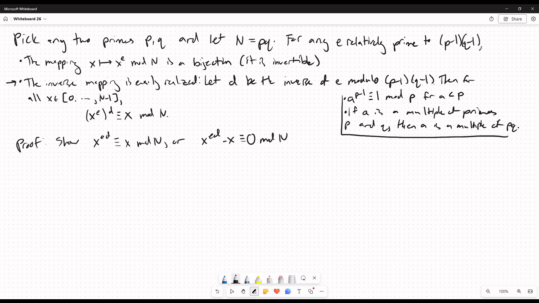And the reason we might want to write it this way is that this is exactly equivalent to saying that x to the power of ed minus x is a multiple of n.